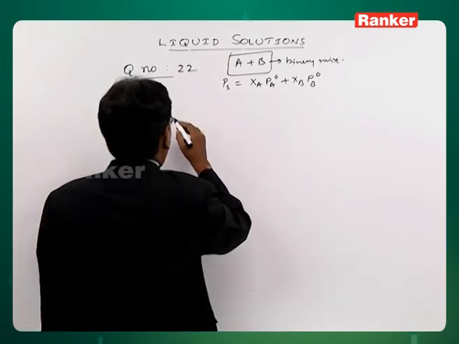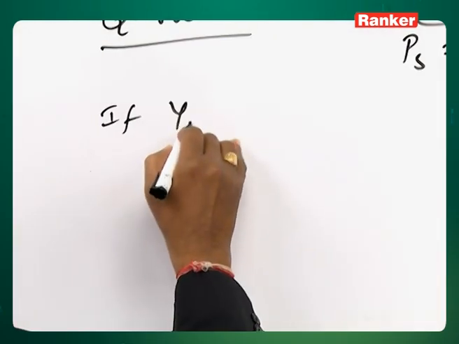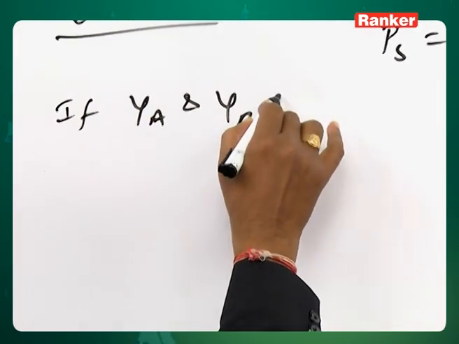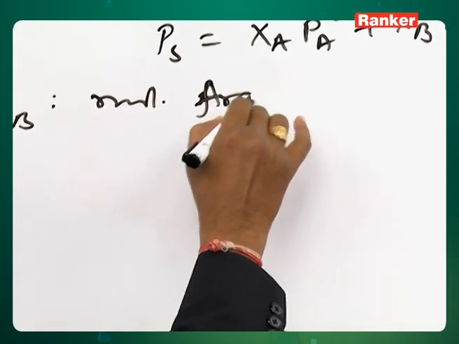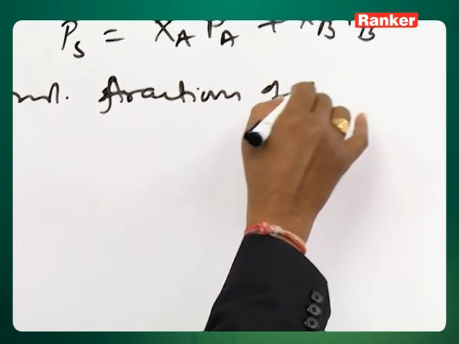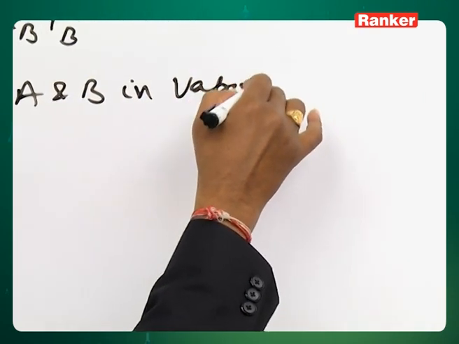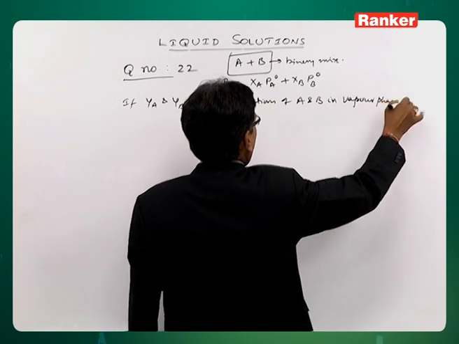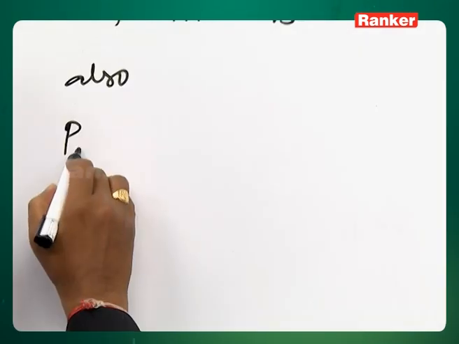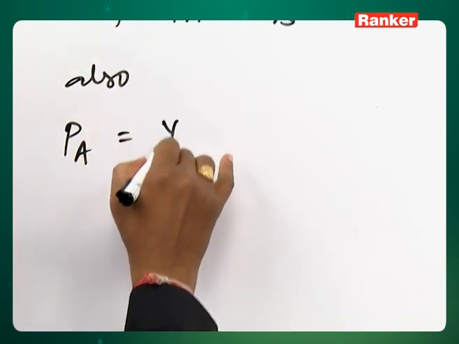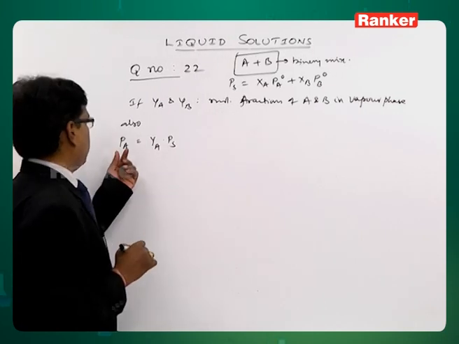Then also, during fractional distillation, if Ya and Yb are mole fractions of A and B in the vapor phase, we can write Pa is equal to Ya into Ps according to Dalton's law.